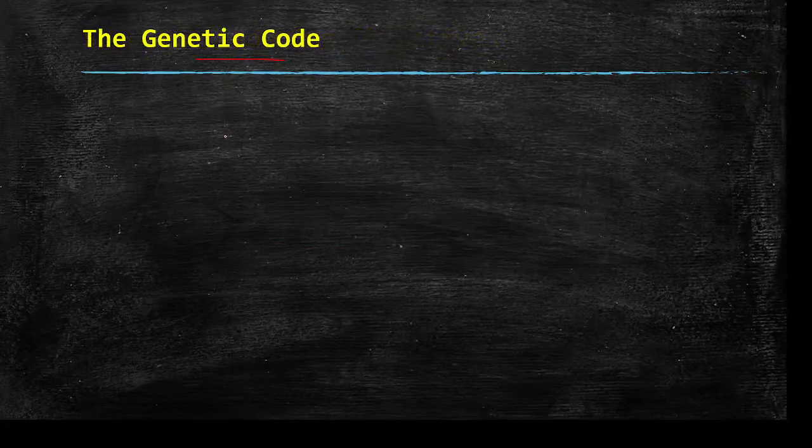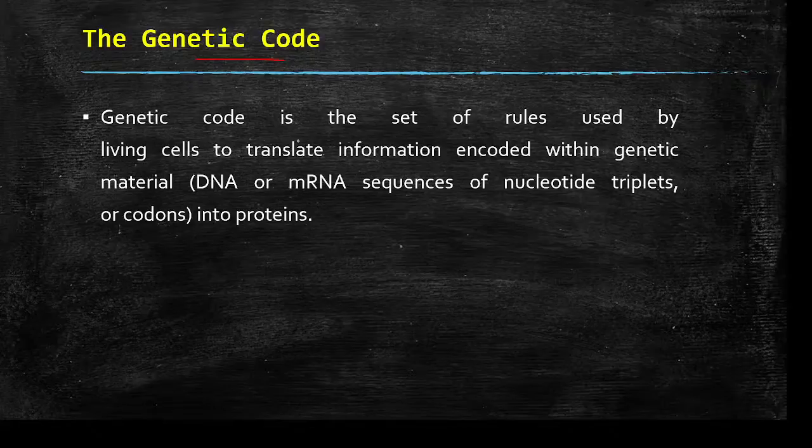Introduction to genetic code. So genetic code is a set of rules used by living cells to translate information encoded within genetic material. So this is used by the cell to translate the information that is present in the DNA or mRNA sequences of nucleotide triplets.